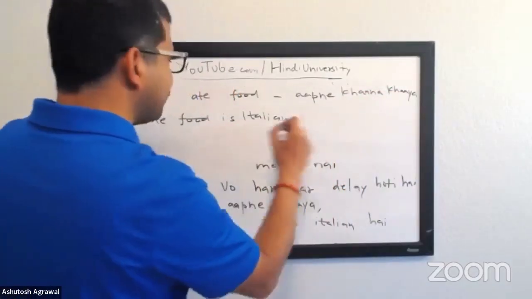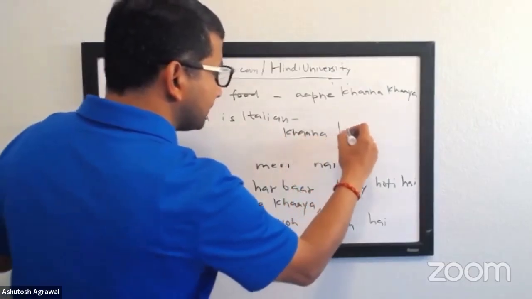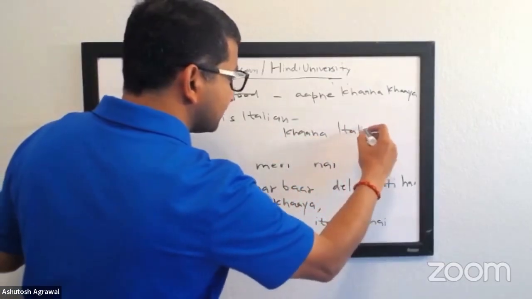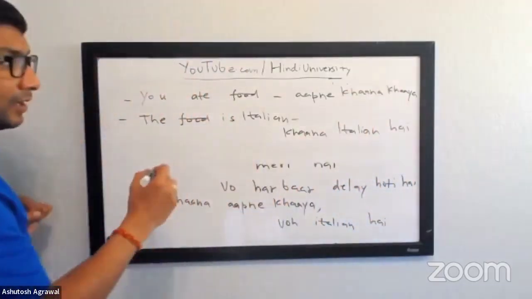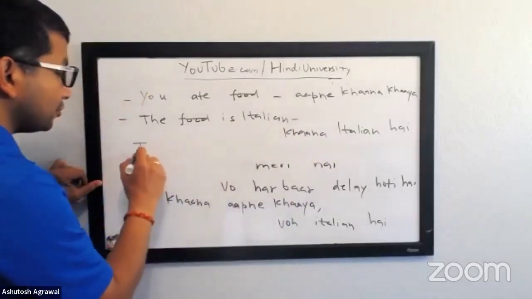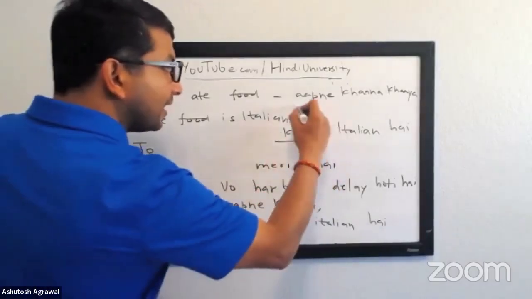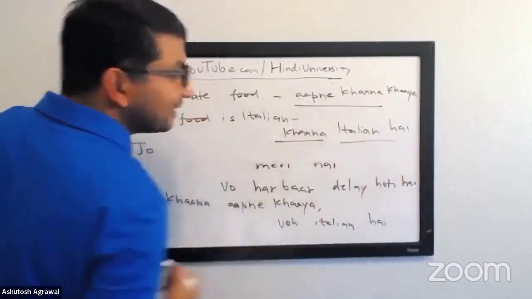Okay, the food is Italian. खाना Italian है. Two separate sentences. Okay, all you're doing is combining it together, which is जो खाना आपने खाया Italian है.